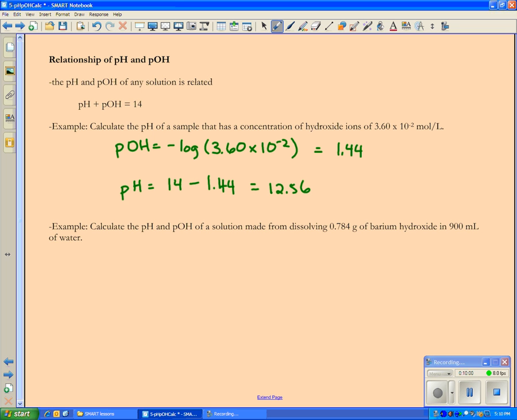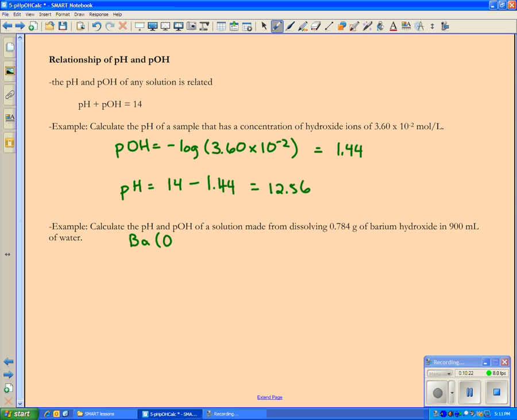For the second example, we want to calculate pH and pOH of a solution where we've dissolved 0.784 grams of barium hydroxide in 900 milliliters of water. This problem is going to have a few different steps to it. First thing we want to look at is the barium hydroxide and what happens when it dissolves.